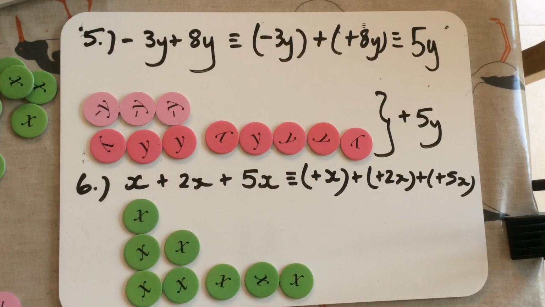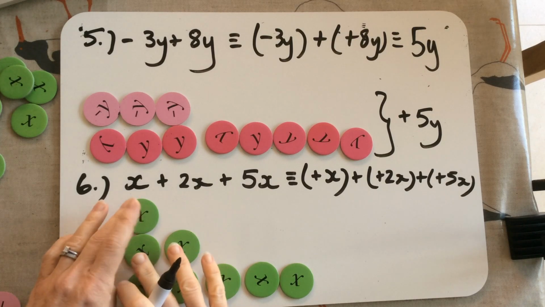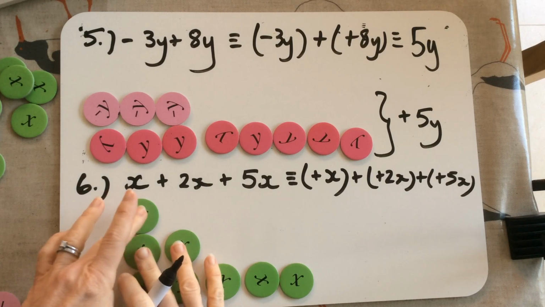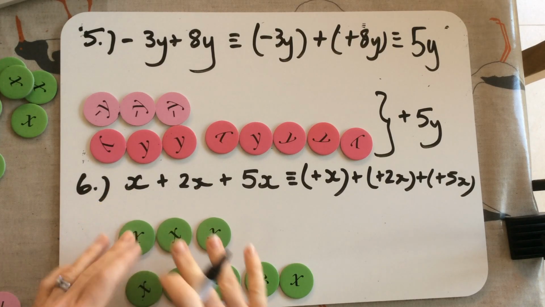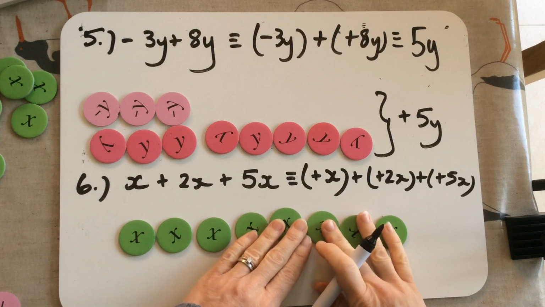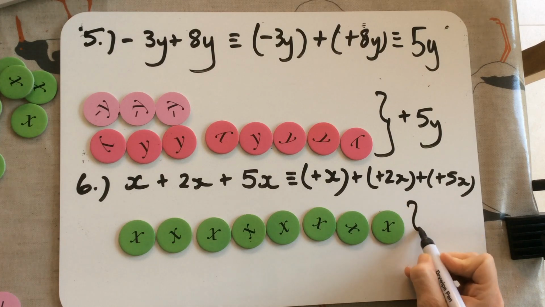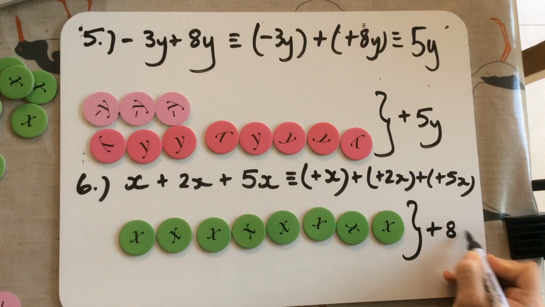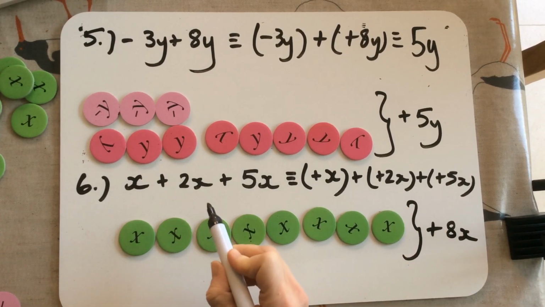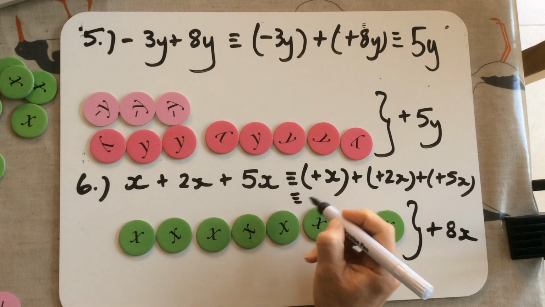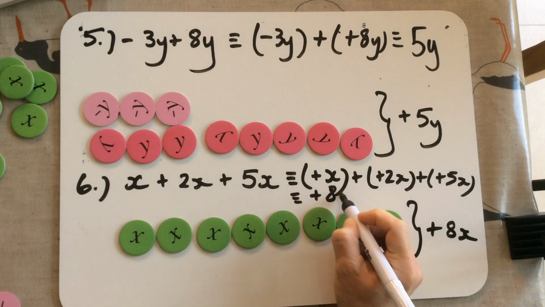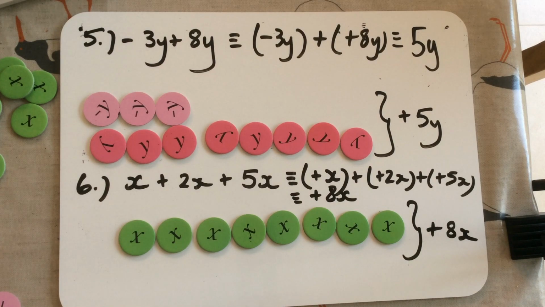And I can just sum those as they are, but it might be better for questions that are coming up later to think of this as grouping together my positive x's. And then I can see that when I sum those, I've got positive 8x. So x plus 2x plus 5x is identical to positive 8x.